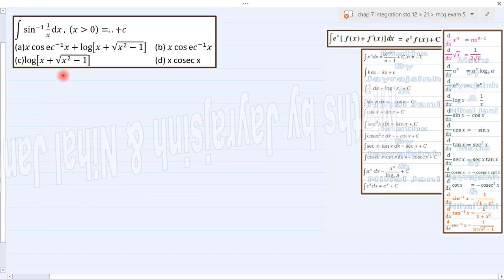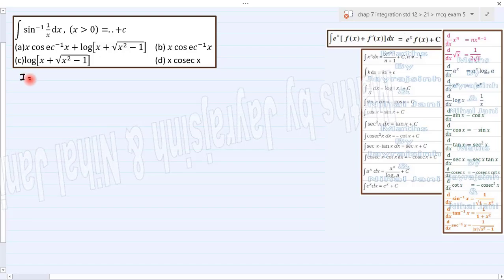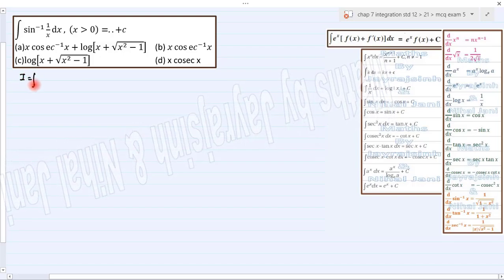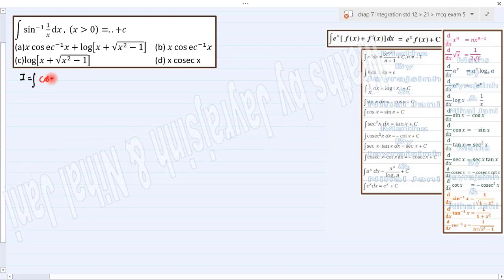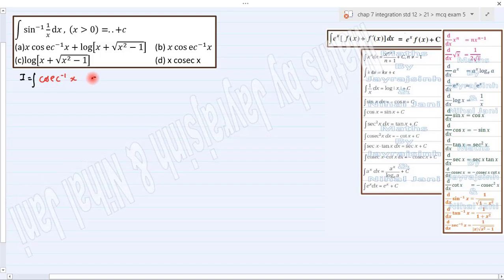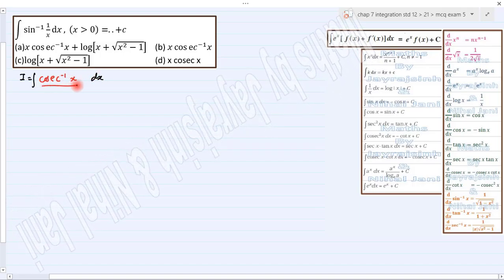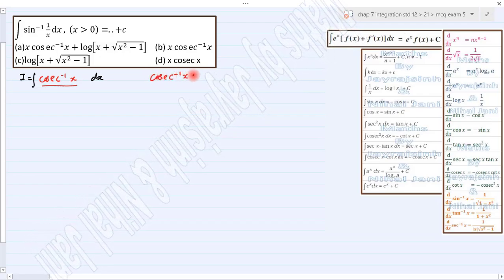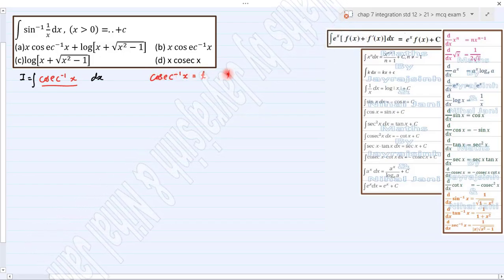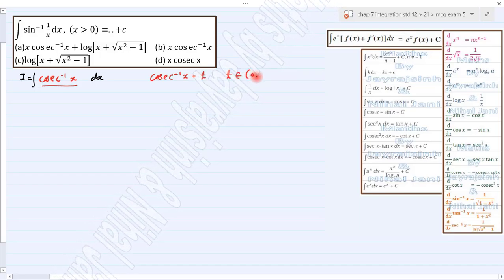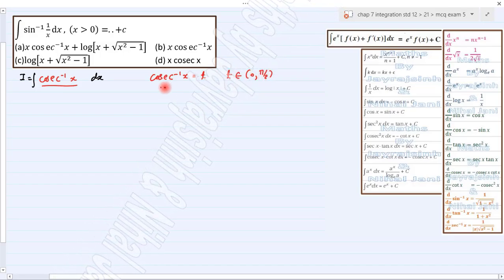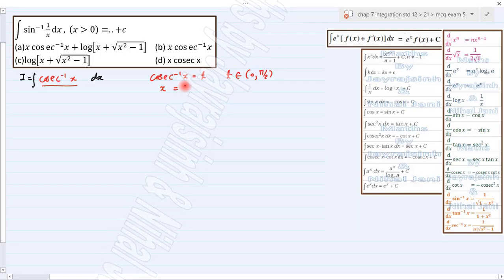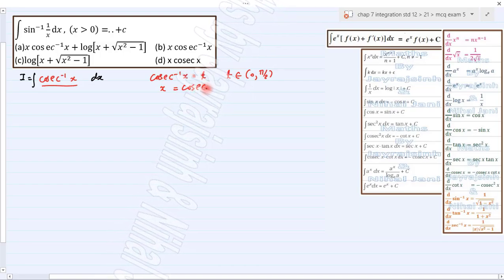Here we have to integrate sine inverse 1 by x, or we can say sine inverse 1 by x can be rewritten as cosec inverse x. We never like inverse trigonometry, so we always prefer to assume inverse trigonometry is equal to t, where t is 0 to pi by 2. So here we can say your x must be cosec t.